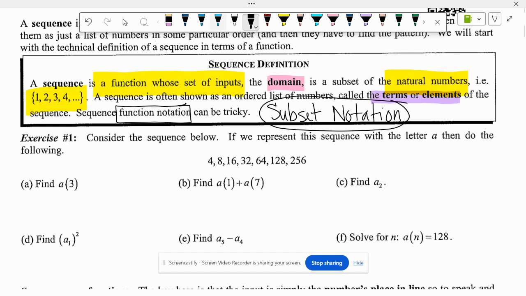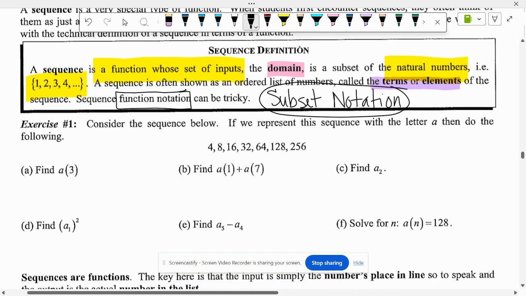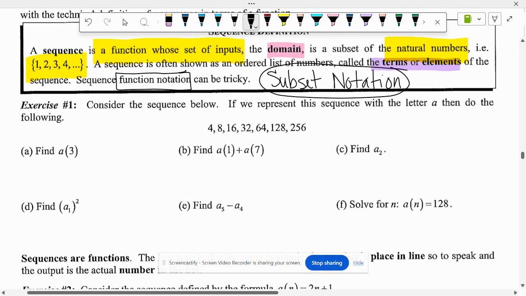Okay. So we're going to look at this sequence below. We're going to try to represent this sequence with the letter A. So this whole set of numbers here is represented by the letter A. Each number in your ordered list is called a term. So this would be the first term, the second term, the third term, and so on. Does that make sense?